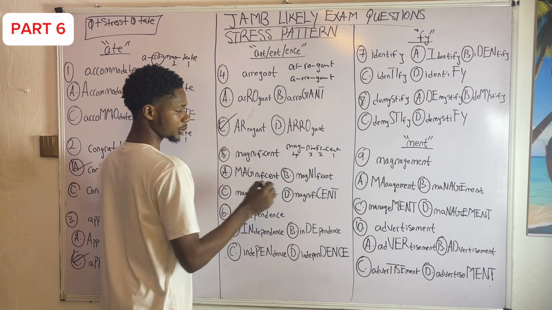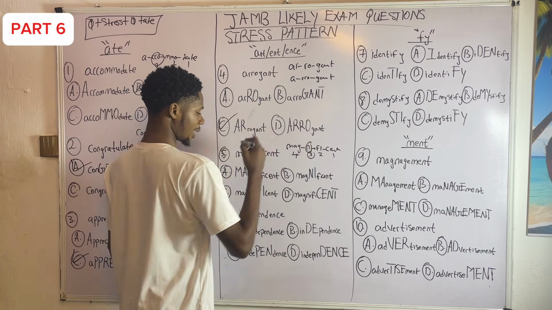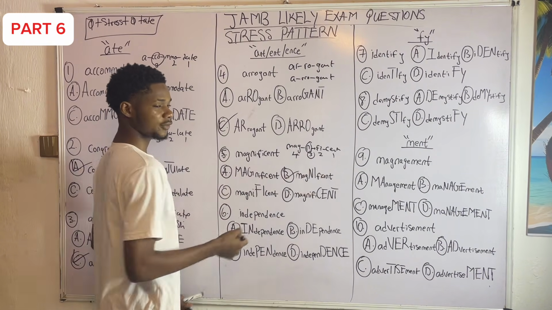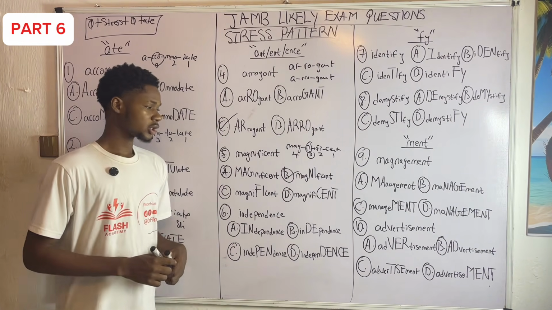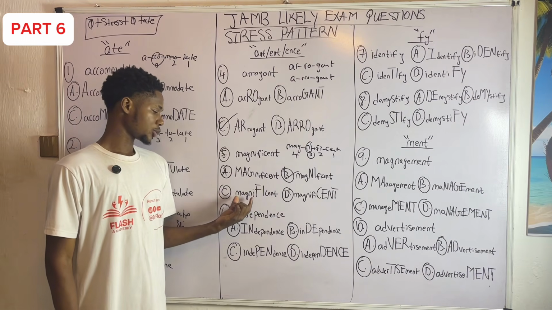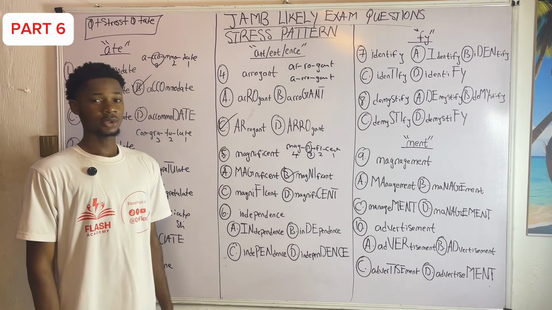Now, where is the stress going to be placed? On syllable 3 from the end. That's ni. So which of the options carries ni stress? Option B, magnificent. Go through the other options. Option A has mag stressed, option C has fi stressed, and option D has cent stressed. So only option B is correct.